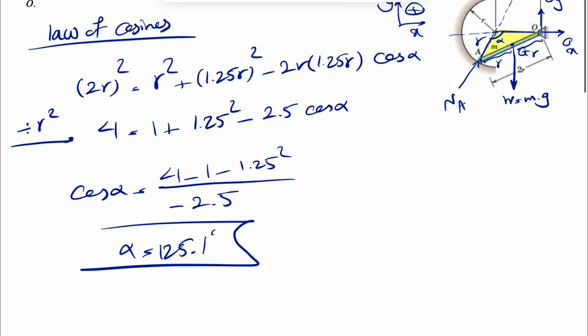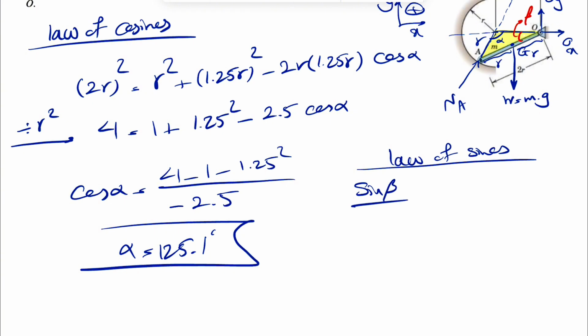And let's call another angle in this triangle, maybe this one beta. And if we just do the law of sines in here, sine of beta over the side in front of it, which is r, is equal to sine of alpha, or 125.1 degrees, over 2r. So we can cancel out the r from each side.